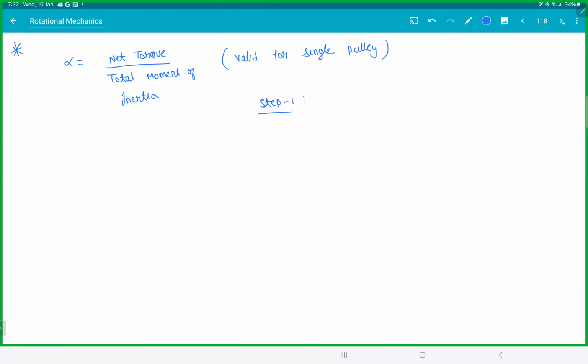Step one. Treat the blocks like particles. I'll show you an example.